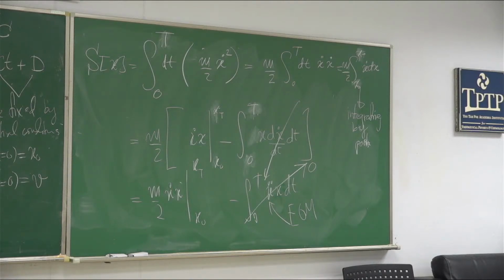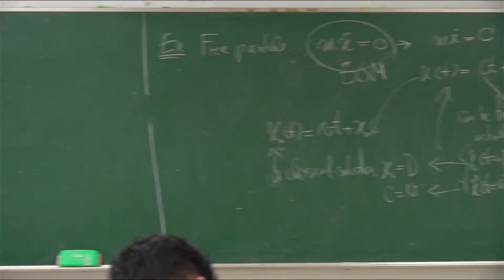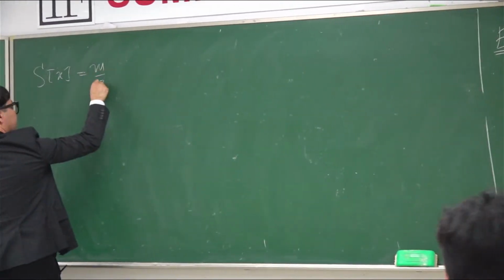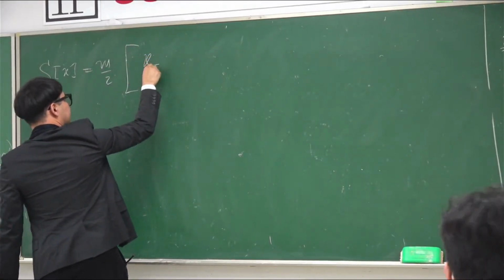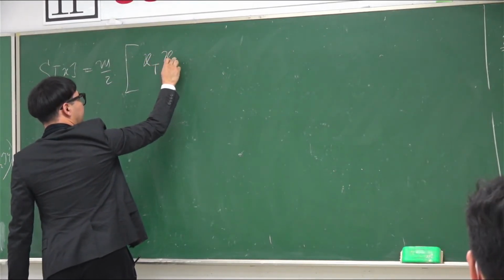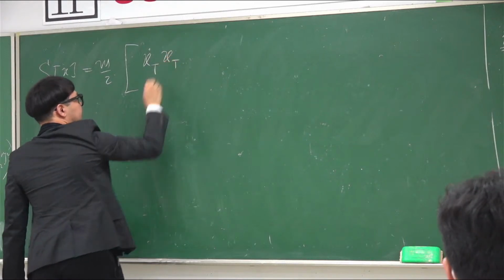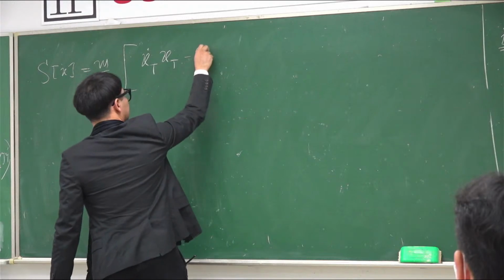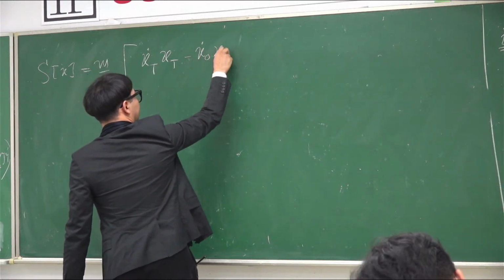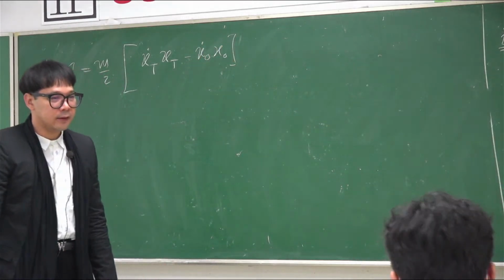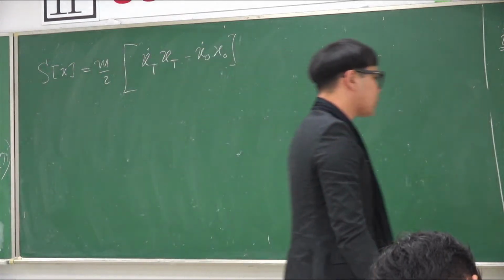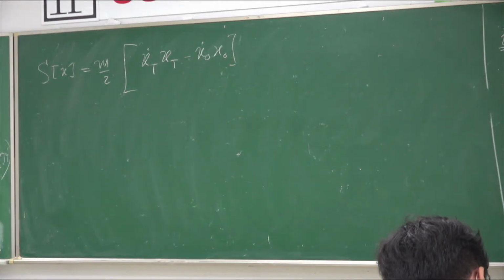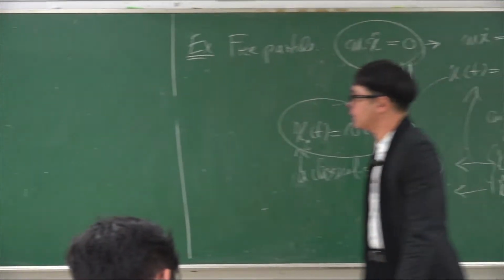And so your action is going to be x(T) x dot(T) minus x naught x naught dot. And then you can use this solution.